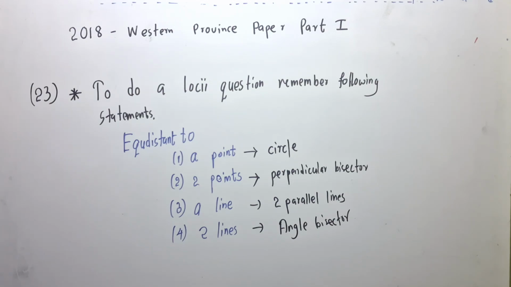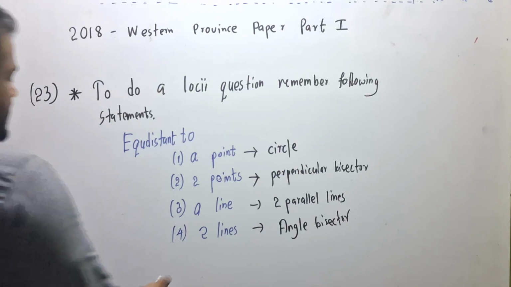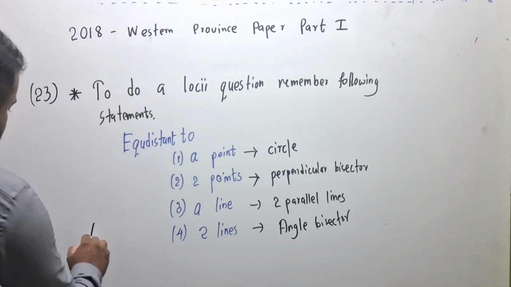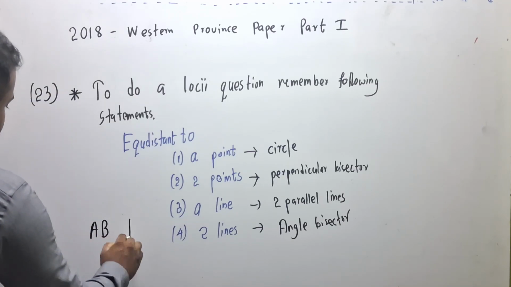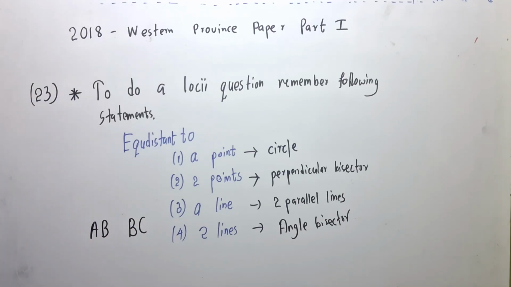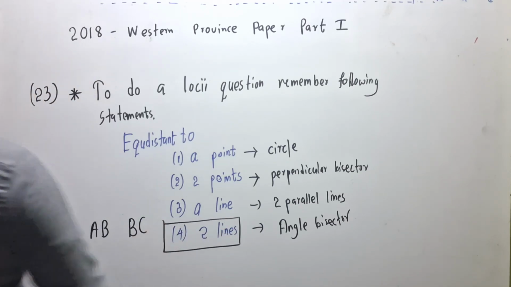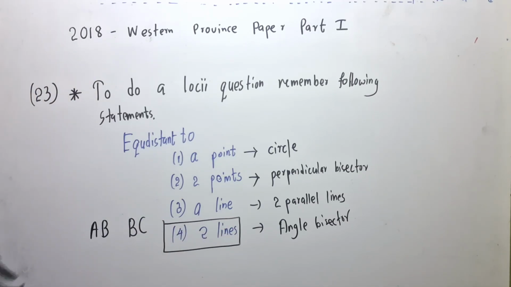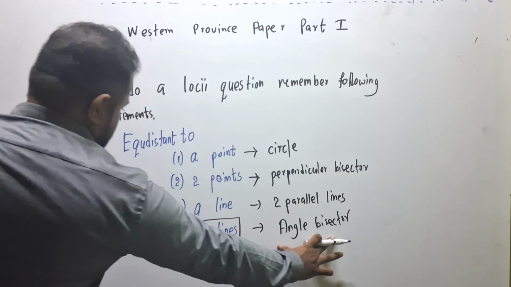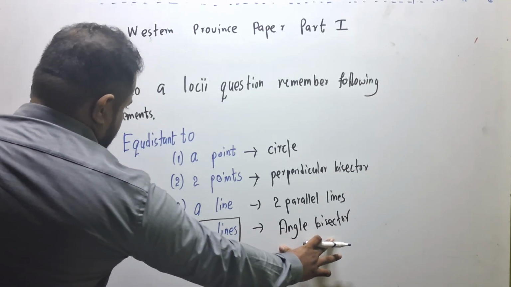So, when you read this, which is equidistant to line AB and BC, there's a term like equidistant to line AB and BC. That means 2 lines. Okay, AB and BC are 2 lines. And what must be the construction? Angle bisector.